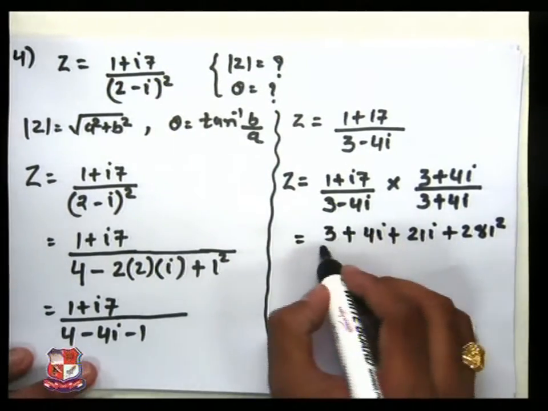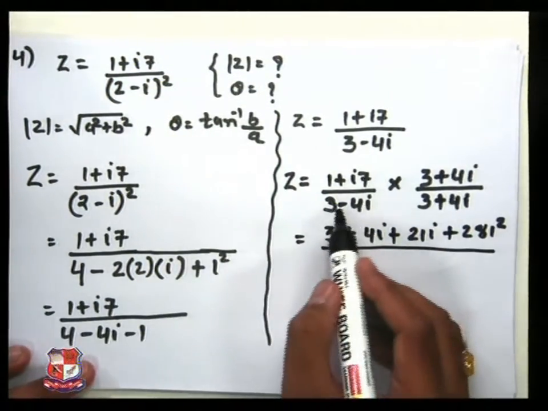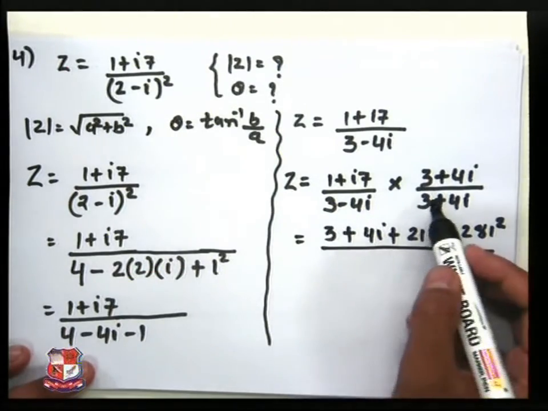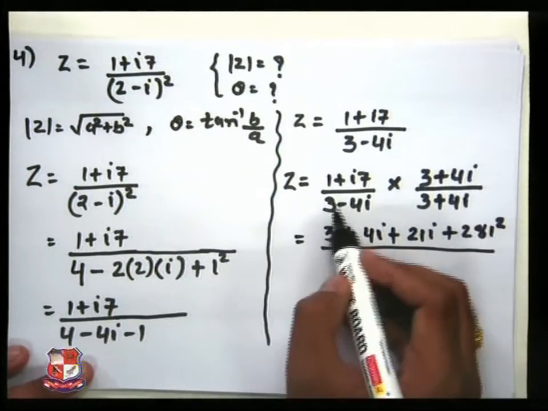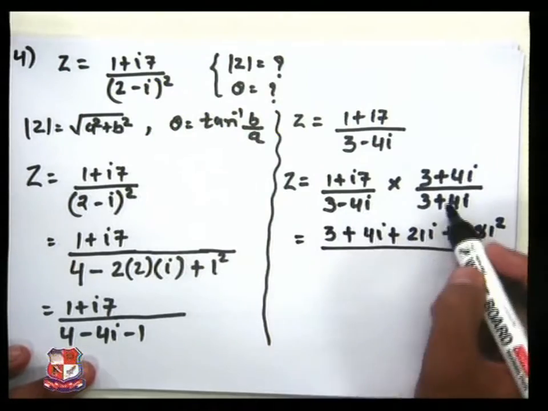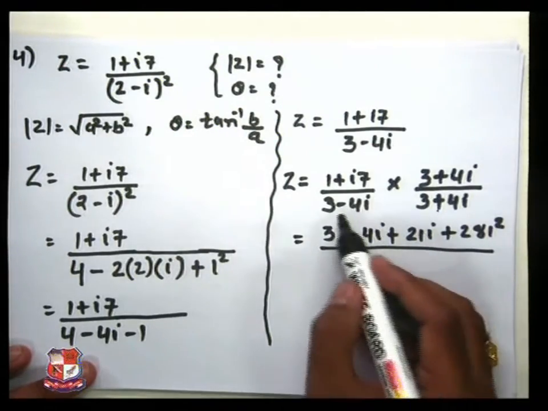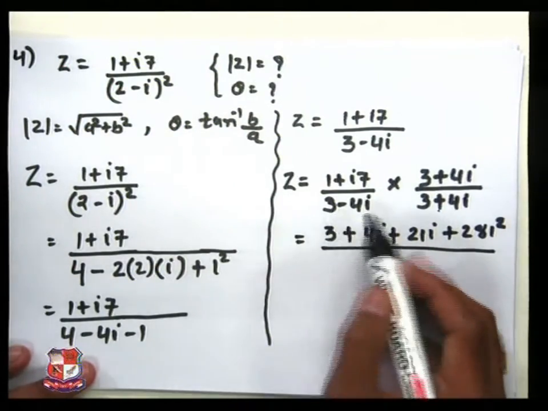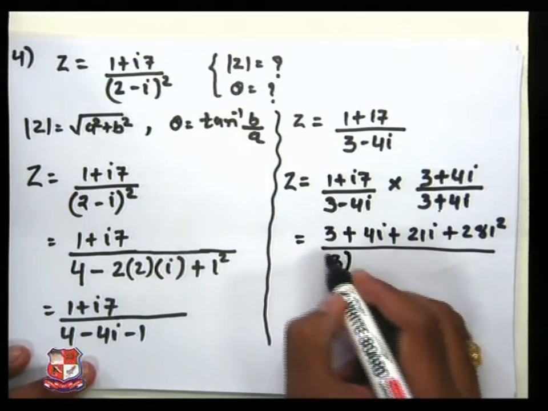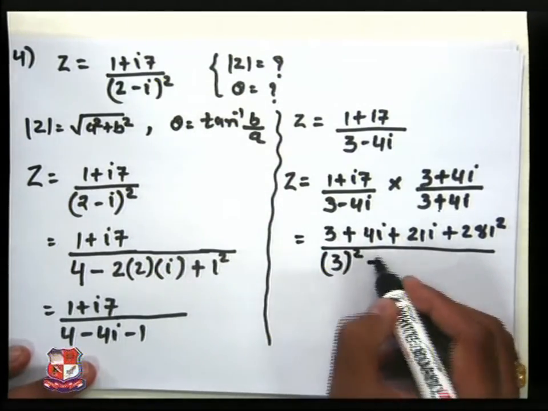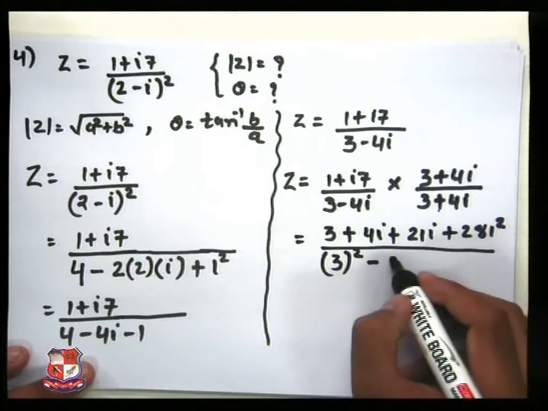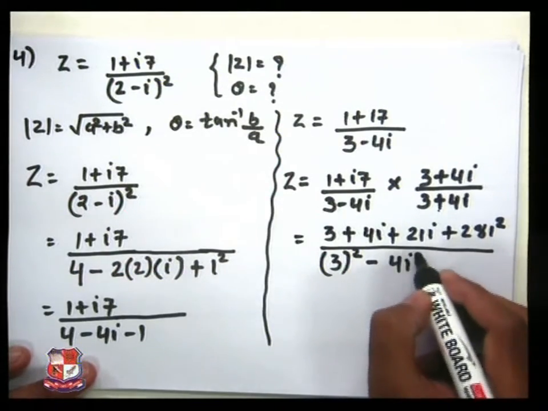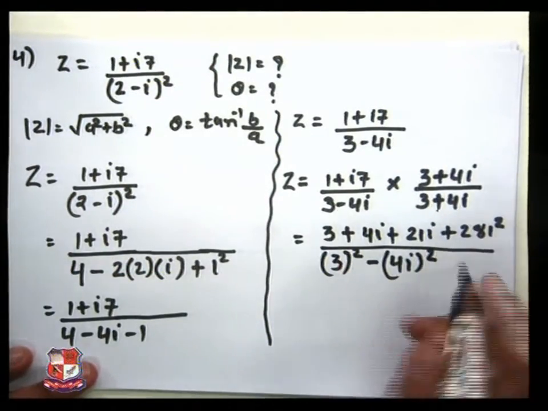Now in the division, 3 minus 4i and 3 plus 4i are in the a minus b and a plus b form. So the multiplication result is a square minus b square, that is 3 square minus b square, where b value is 4i square.